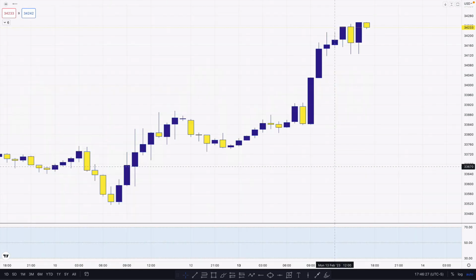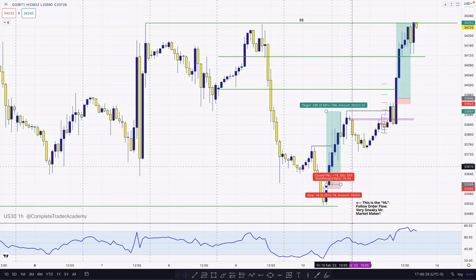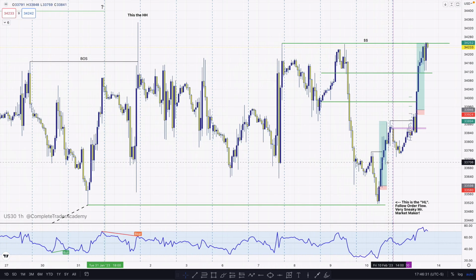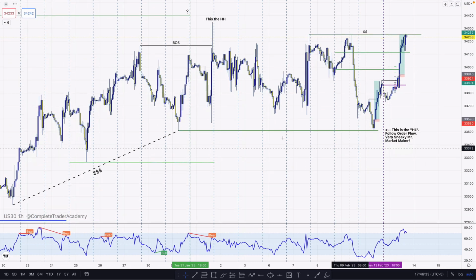We go to a 1 hour first, and as you'll see here, I'm going to just zoom out for a second so you can see the order flow. So, higher high, higher low. And it's not like I teach 100% structure, but you do have to have the basic idea of it in your trading.